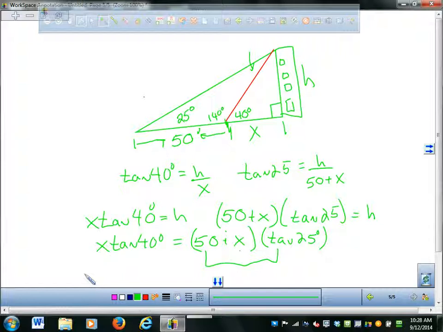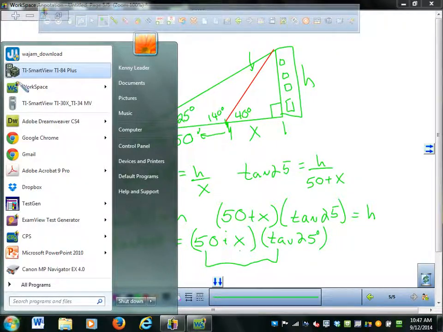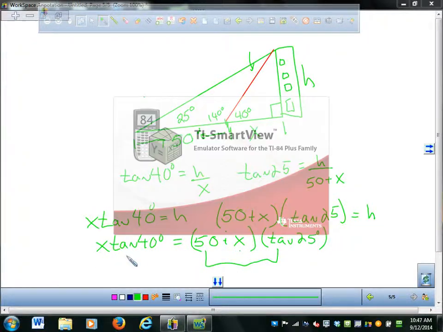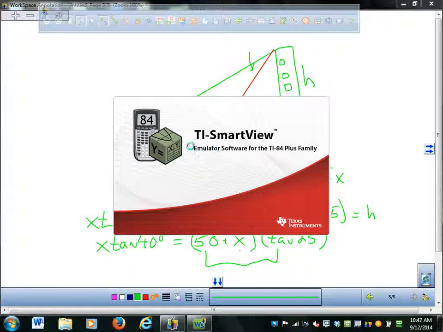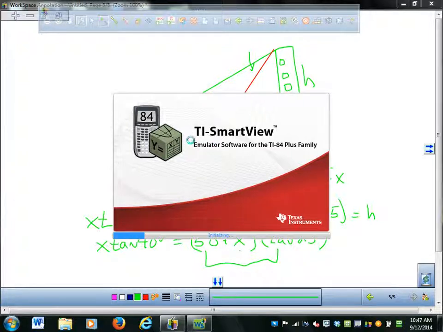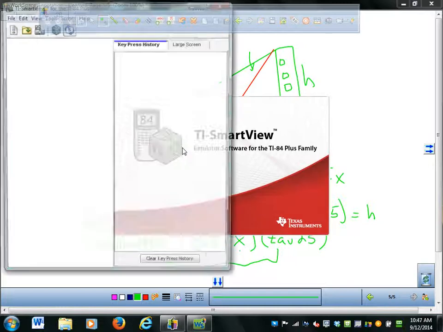Okay. X tan of 40. So now I'm going to get my calculator, okay? And here we go. For this type of problem, you got to make sure you're in degree mode. Okay?